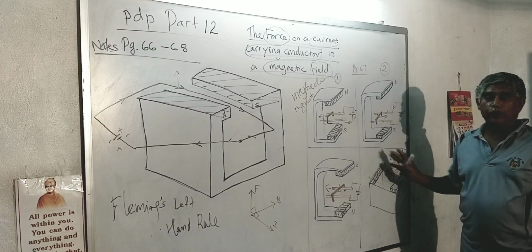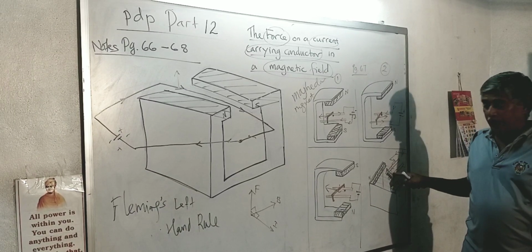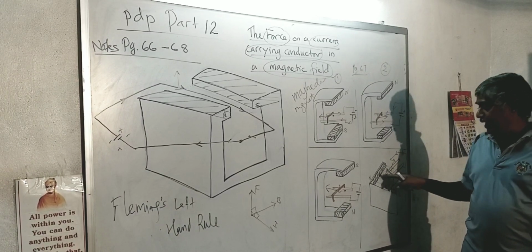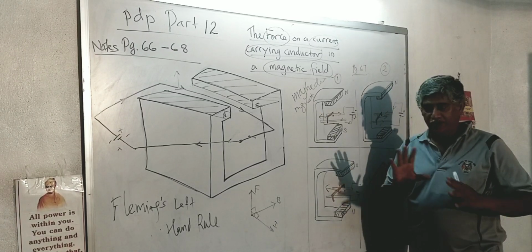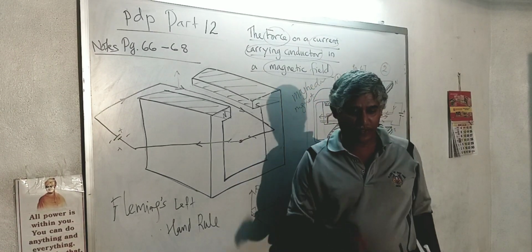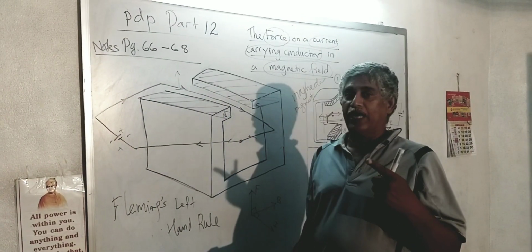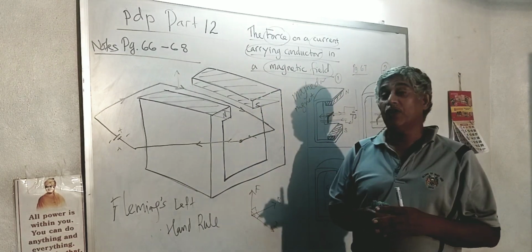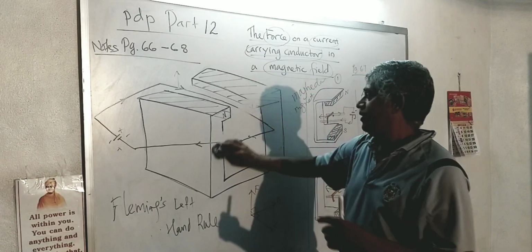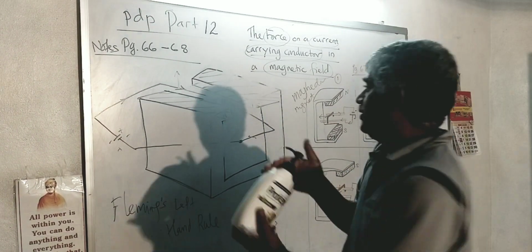So this is how we get the magnetic field from the current carrying conductor, which interacts with the permanent magnet to give you the force. In fact that's the lesson today. It's a very short lesson, but I would like to discuss now how this force comes about from the drawing of the magnetic field.